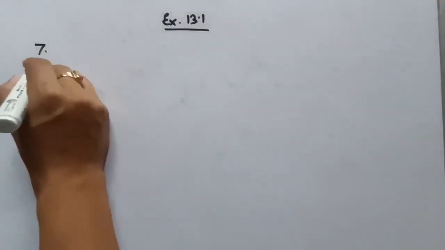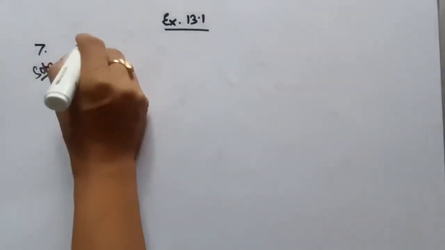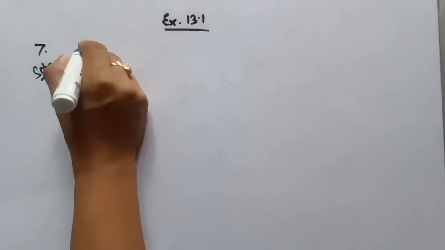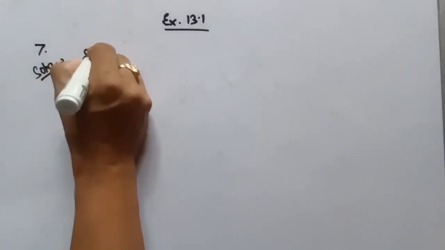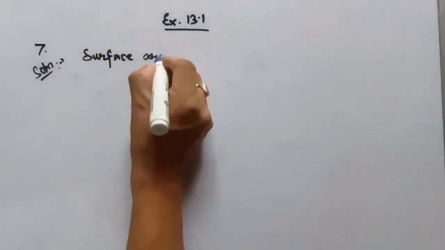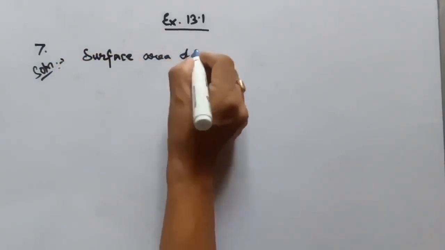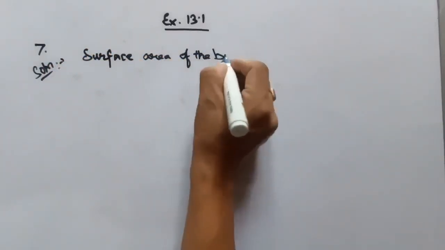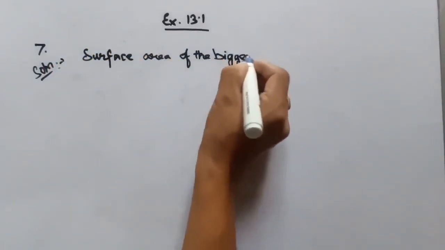So exercise 13.1, question number 7, solution. Let us first find the surface area of the 2 boxes. That is, first of all, let us find the surface area of the bigger box.